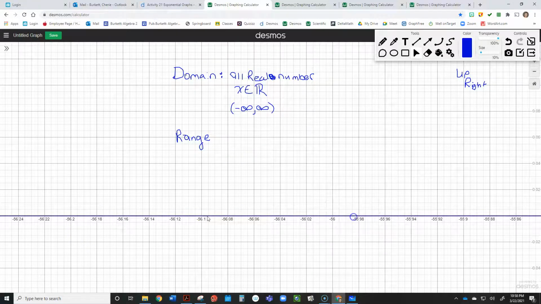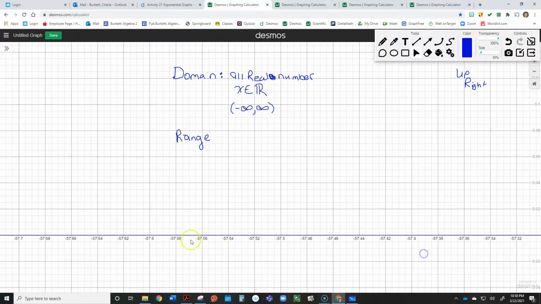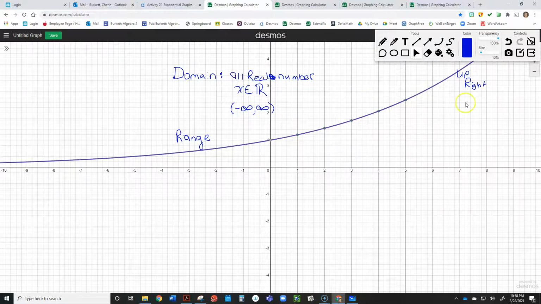And so if I keep scrolling all the way out here, I could go out to negative 1,000, and it's still going to be a number that's not negative, but really close to 0. So what's happening here is that I can say that it's going up to the right, because this is going to go up to infinity.